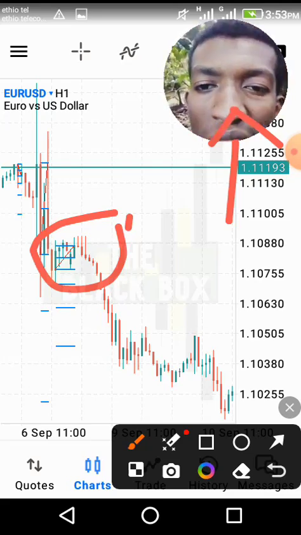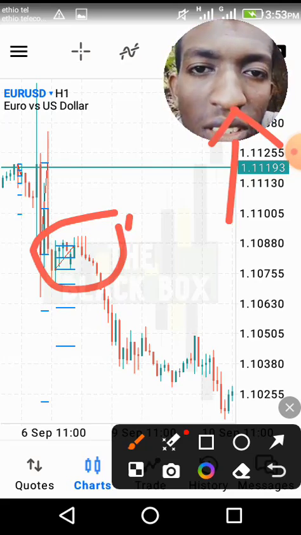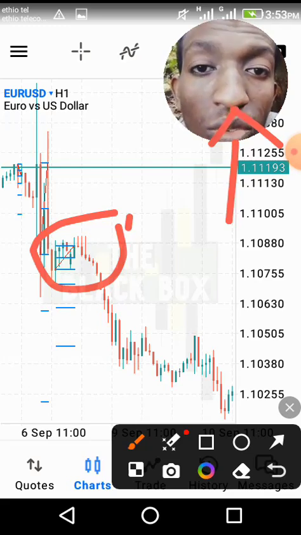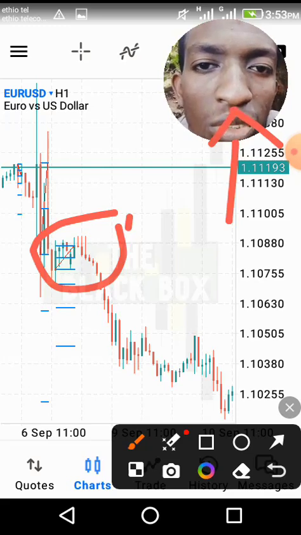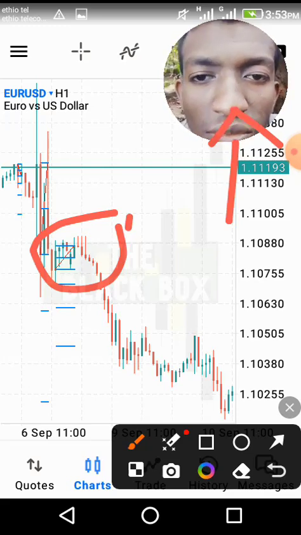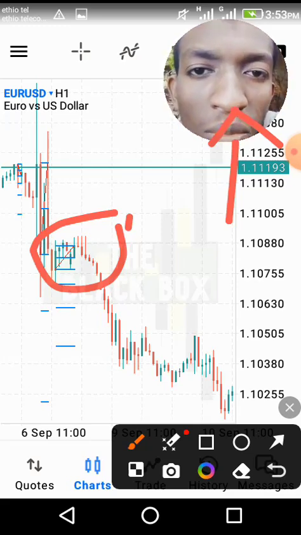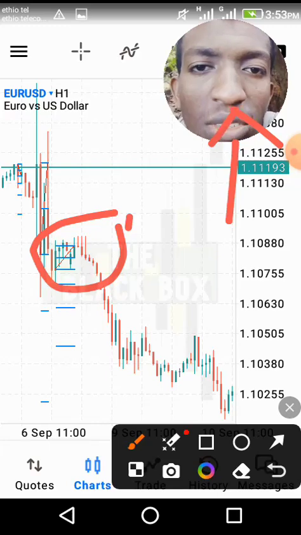So, stick to what's working and try to improve it. Try to stick with it. Make it work for you. What does that mean? Based on your schedule, based on your risk assessment, based on your money, your account level.